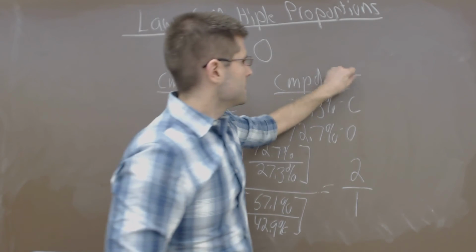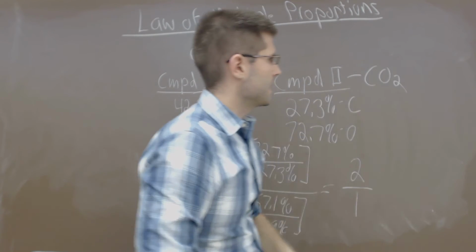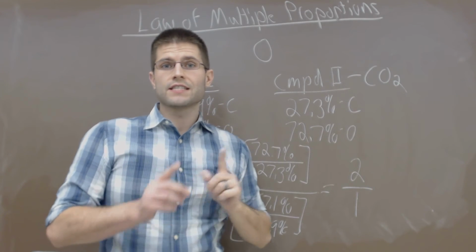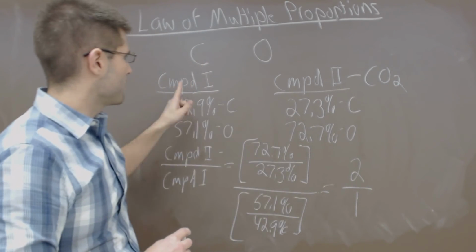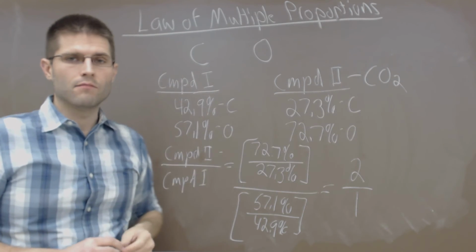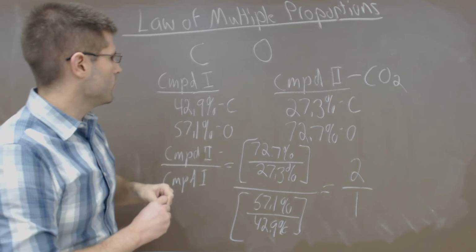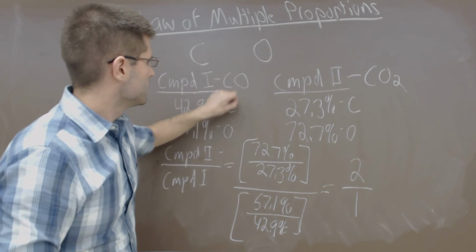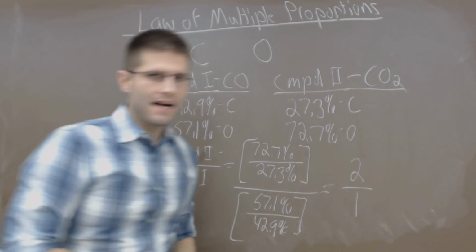Compound 2 is actually carbon dioxide. There are 2 oxygens and 1 carbon. We know that this is a 2-to-1 ratio now between compound 2 and compound 1, so we can easily identify what the molecule is for compound 1. There has to be half as many oxygens, so it's going to be carbon monoxide.